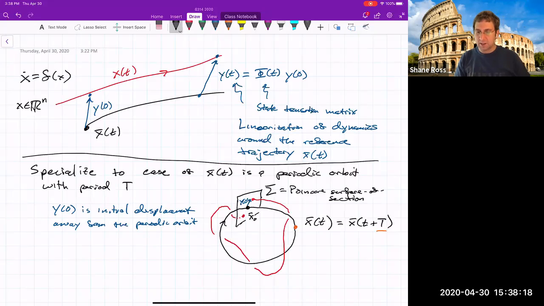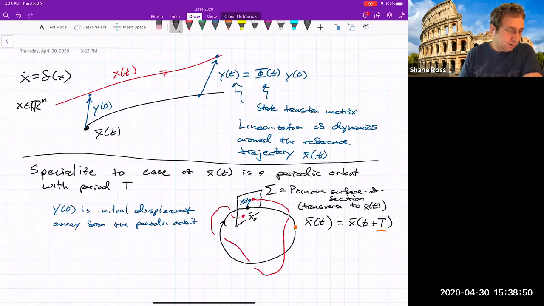The main thing is the Poincaré section can't be along the periodic orbit. It has to be perpendicular to it. It doesn't even have to be perpendicular, it just has to be transverse. You just don't want to be along it. You want it to be transverse, meaning the Poincaré section intersects the periodic orbit, or is transverse to x bar. Okay.